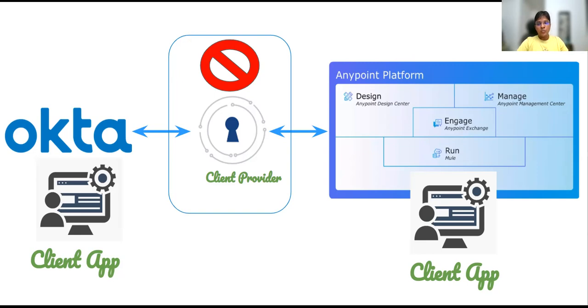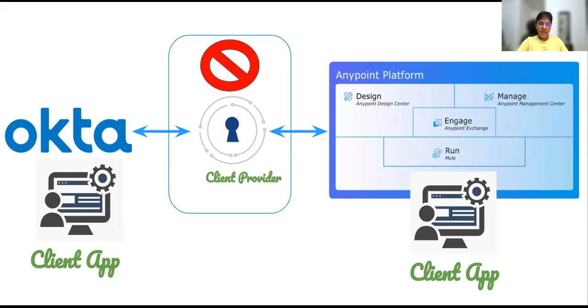We can make it work in multiple steps. Whenever a new consumer, like system A or system B, requests access to our secured MuleSoft APIs, they will need a client application to be created both in our external provider and in Anypoint platform.